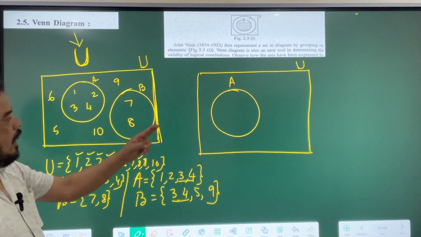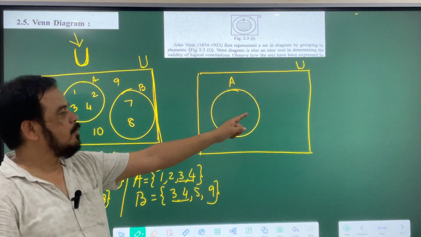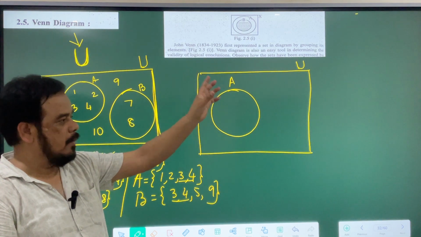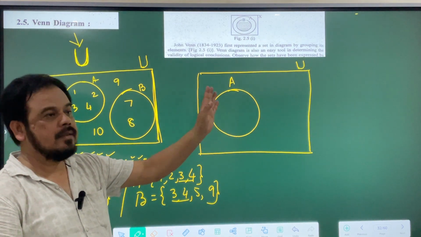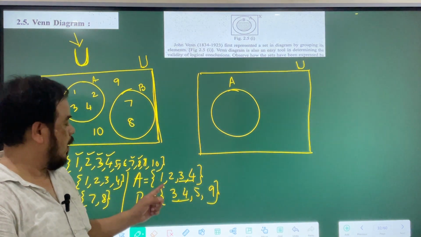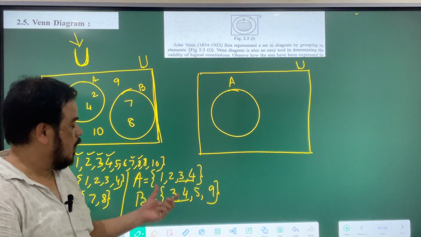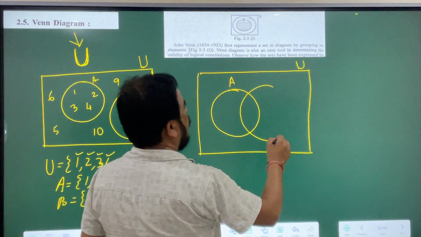But here circle for set A already drawn. Now I am going to draw circle for set B, but not separately, because A and B both have got two elements common. So we will draw this way.